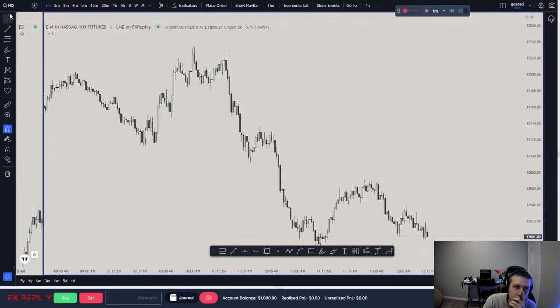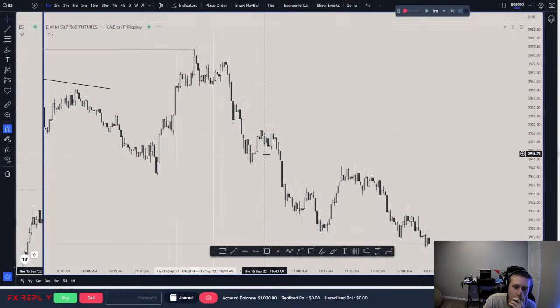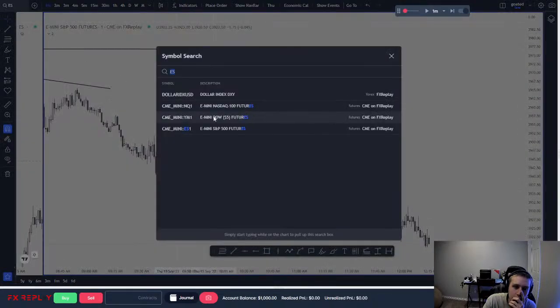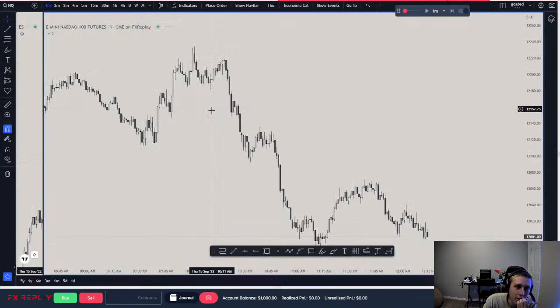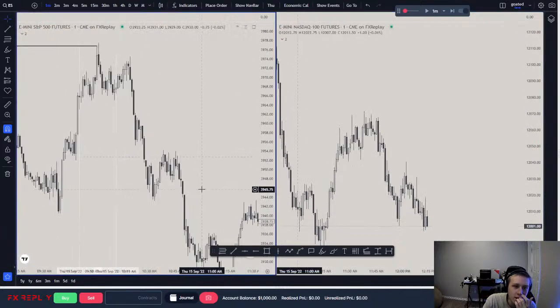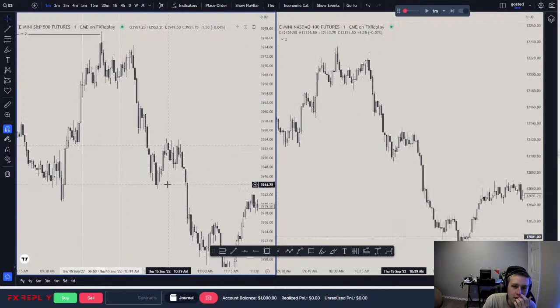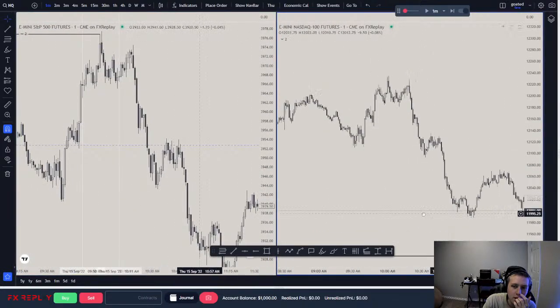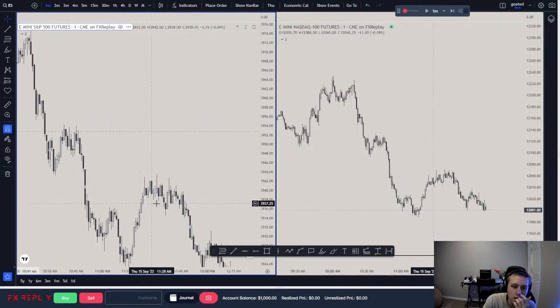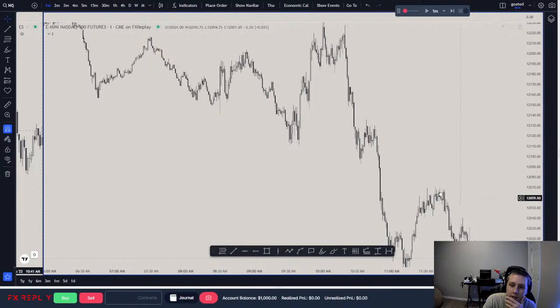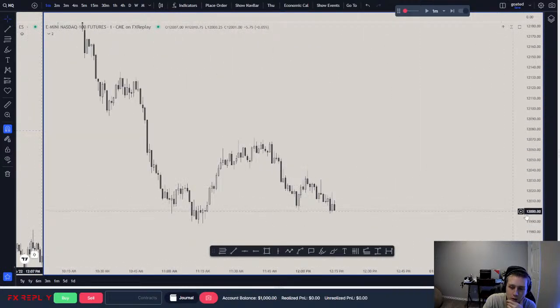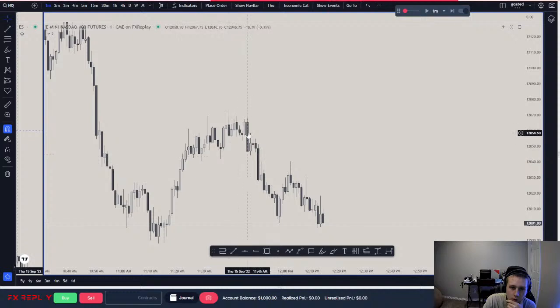Do we have SMT? Looks like we do. Oh, I have ES loaded up over here. I'm tweaking. Yeah, we do. SMT at higher time frame PD array. Change of state delivery there. Aggressive.